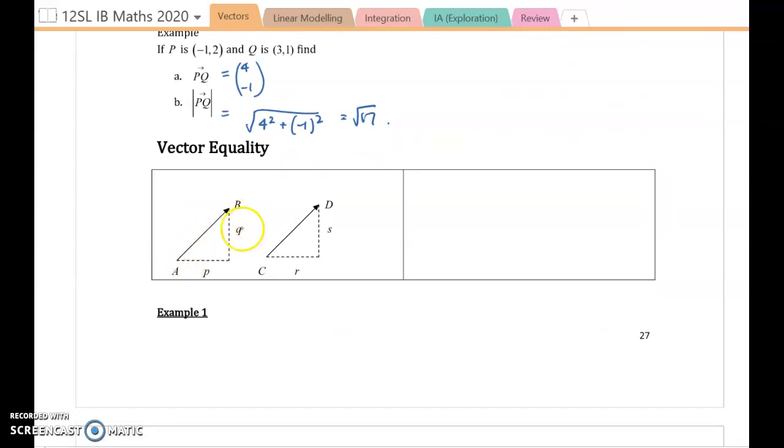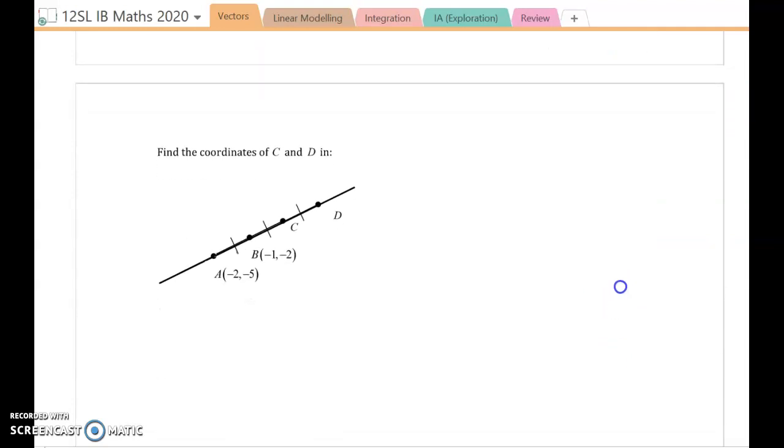For vector equality, we can say two vectors are equal if and only if, so IFF means if and only if in maths, P equals R and S equals Q. So only if these two are equal and these two are equal, then they must be two equal vectors.